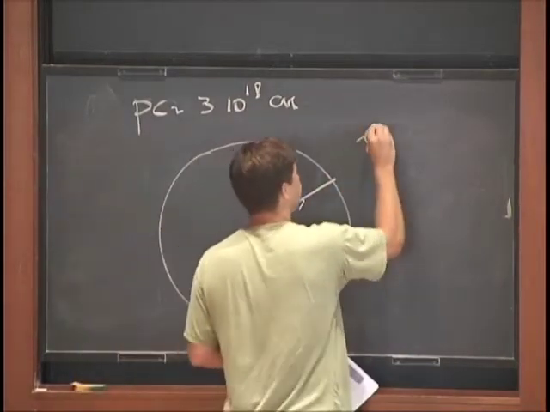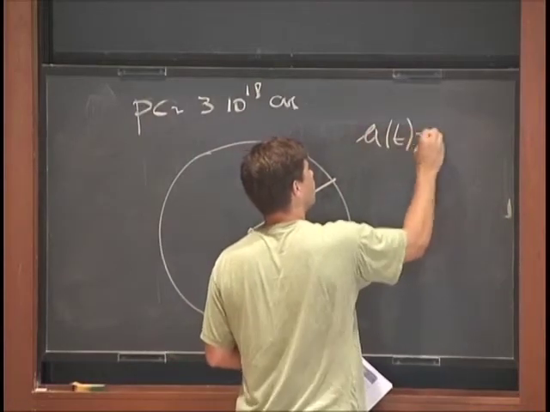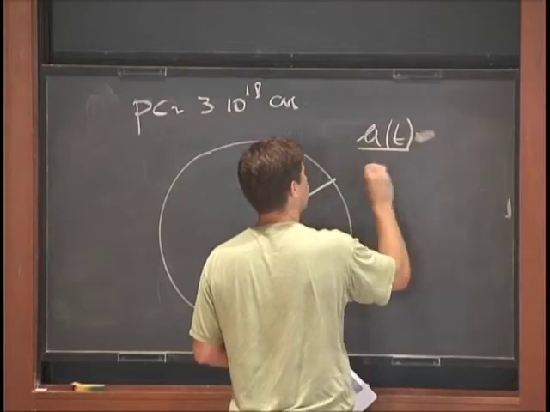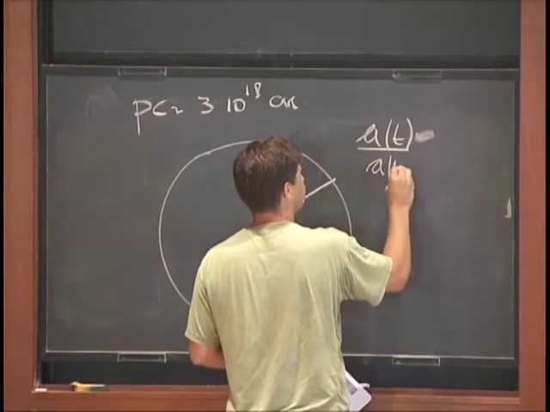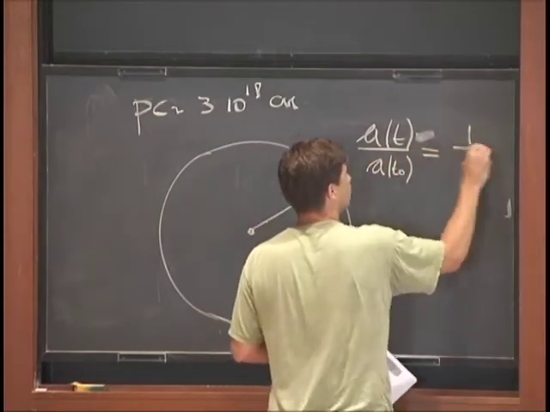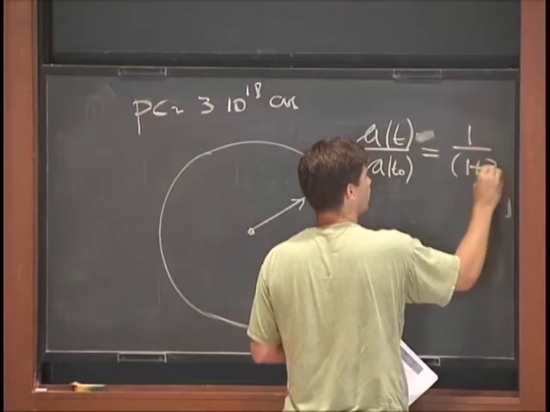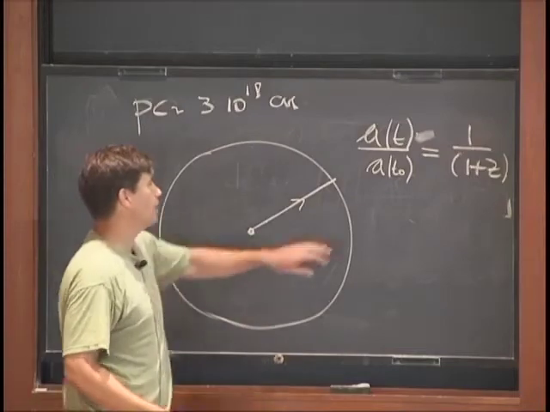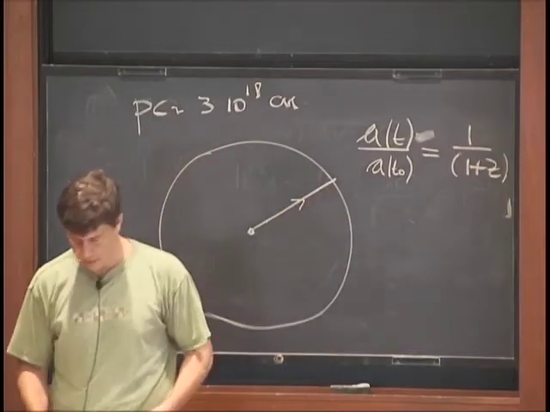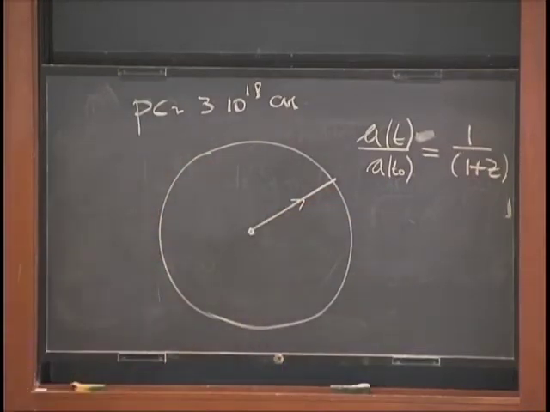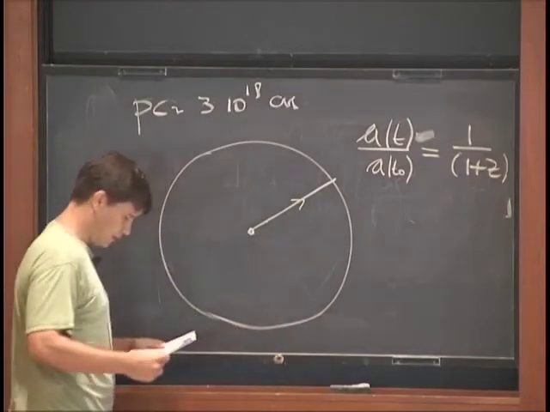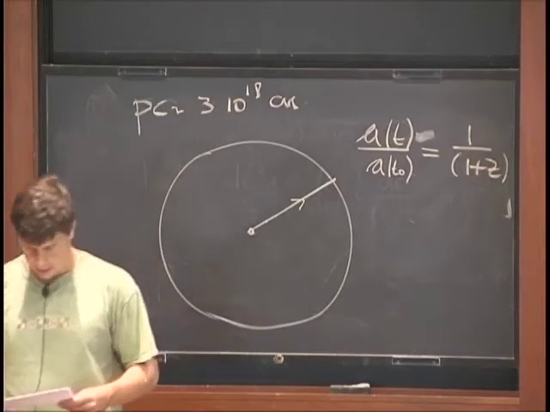as a function of redshift. Maybe I didn't define redshift, but a(t) divided by a today is defined as 1 plus the redshift z. Usually I'll take the value of the scale factor today to be 1. You can take whatever convention you like, but usually I'll take it to be 1.